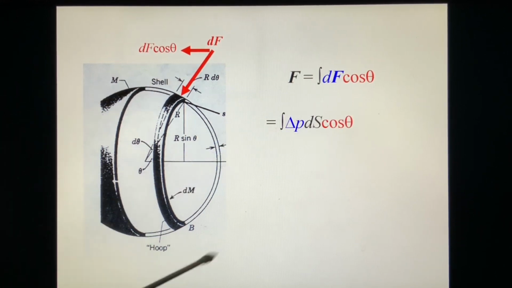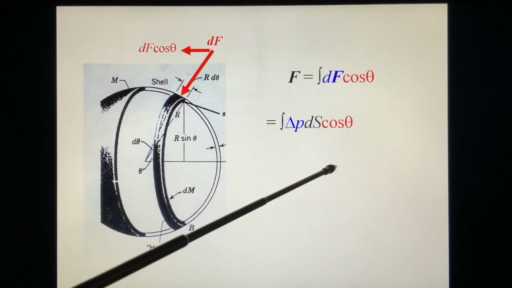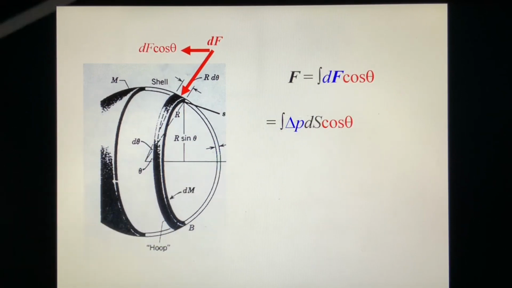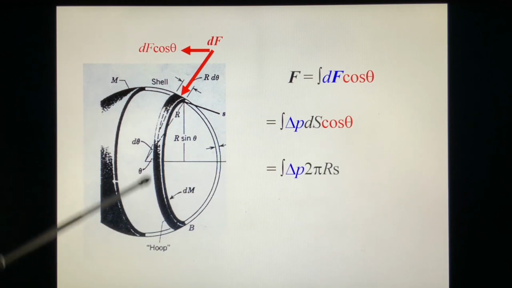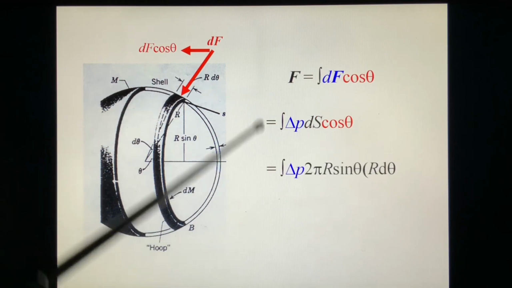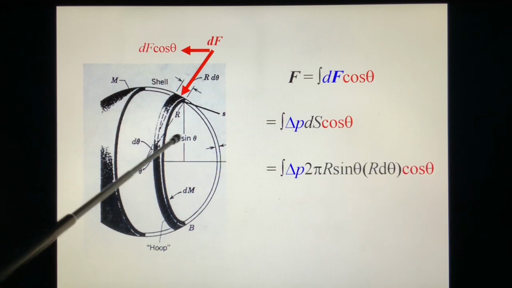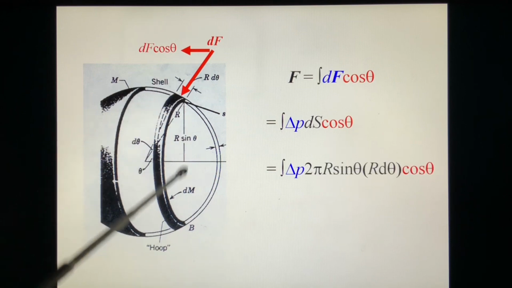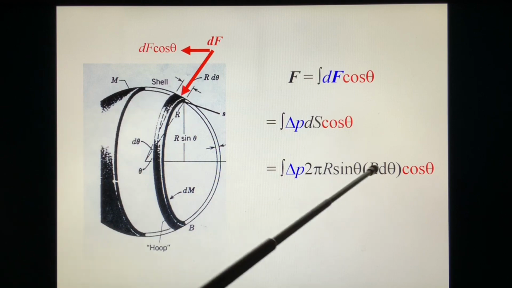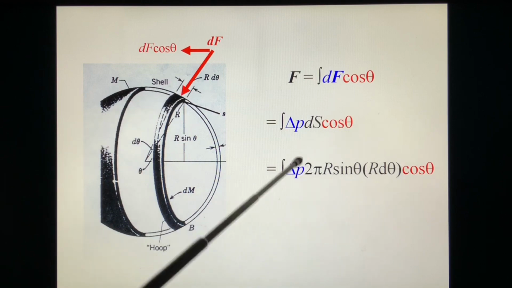ds times cosine theta. What is ds? The area of this ring, equal to 2 pi r sine theta, not r. This is r sine theta, the different radius, multiplied by r d theta. That's the area of this ring.